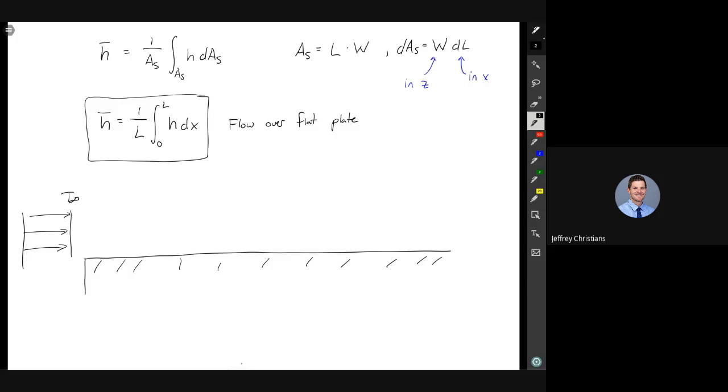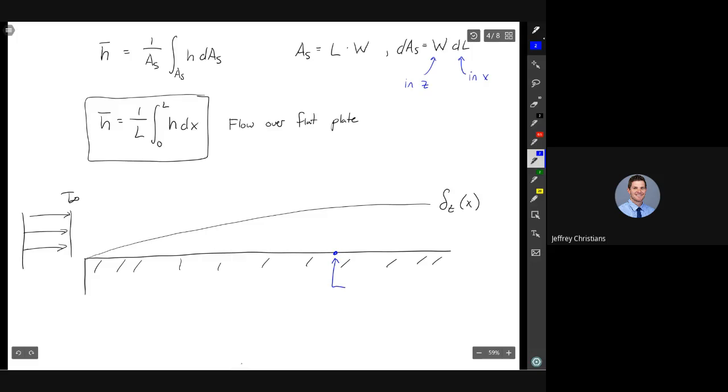Our boundary layer is going to grow like that. So that's our thermal boundary layer, delta. This surface is at the surface temperature. Out here, we're still at T infinity. In the boundary layer, we're somewhere between T infinity and T surface.